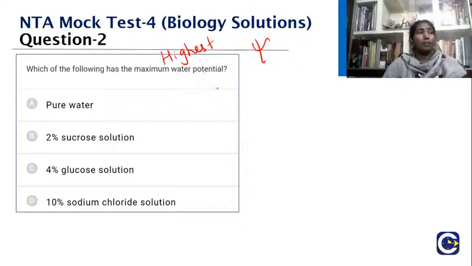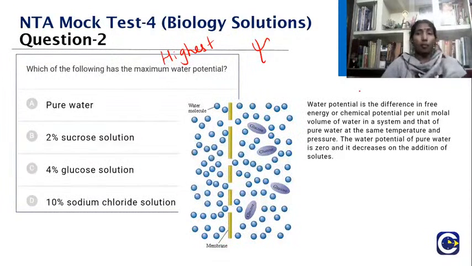Water potential is nothing but the difference in the free energy or chemical potential per unit molar volume of water in the system and that of pure water at the same temperature and pressure. The water potential of pure water is 0, and it decreases on the addition of solutes. So the answer would be pure water.